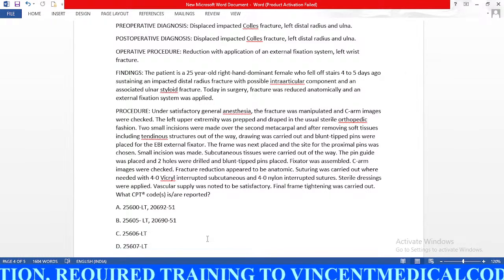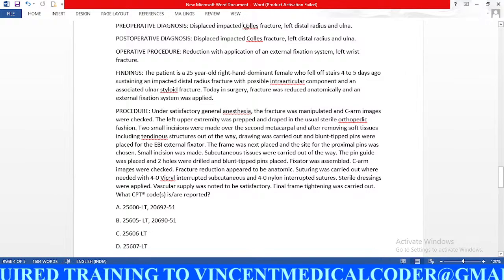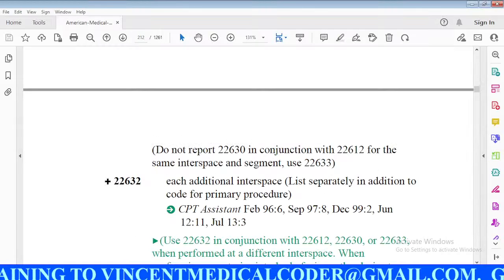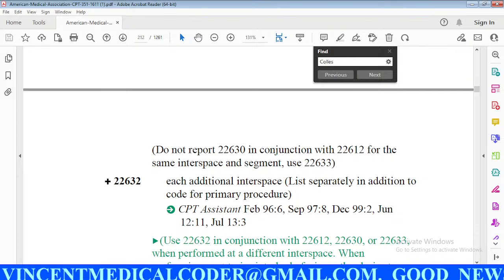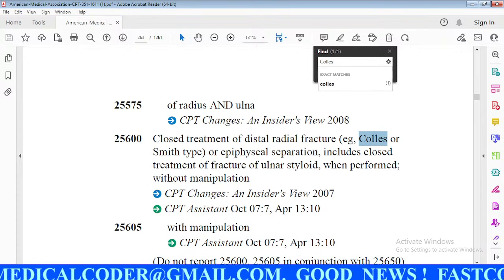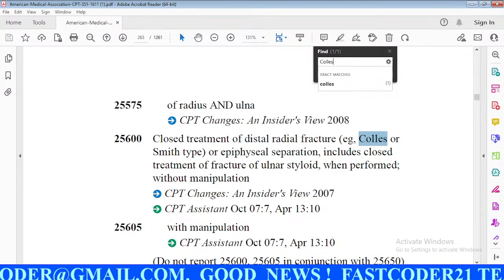So here what happens? Displaced impacted Colles fracture. So I think you can find this answer using keyword Colles also. We will check that. See here, using Colles also you can find the answer here.